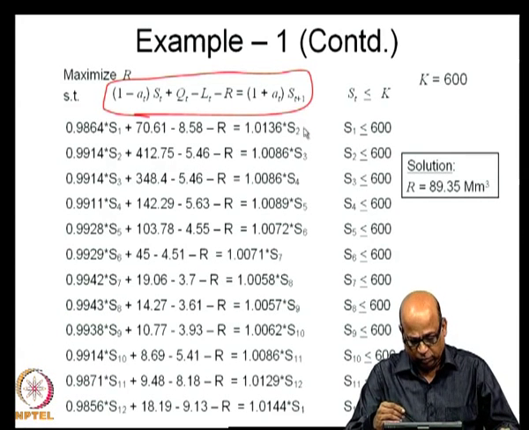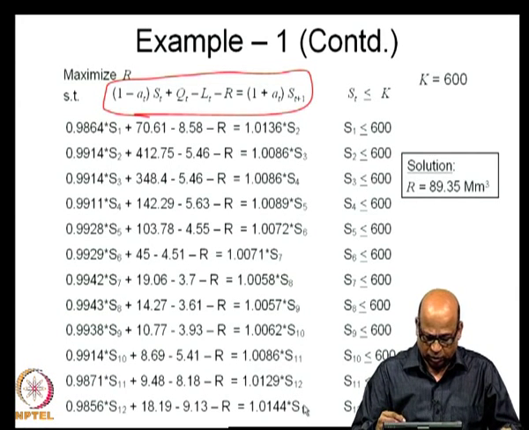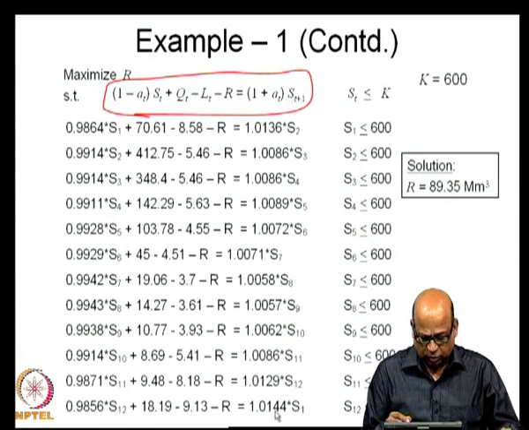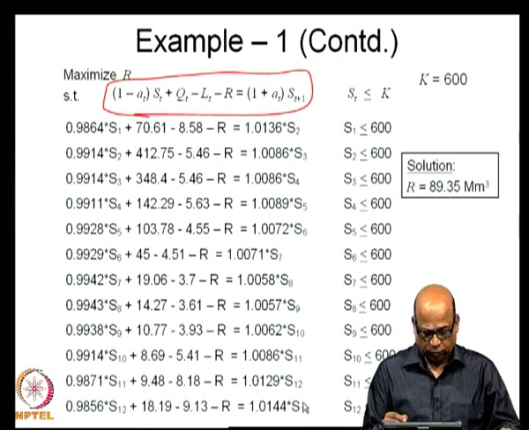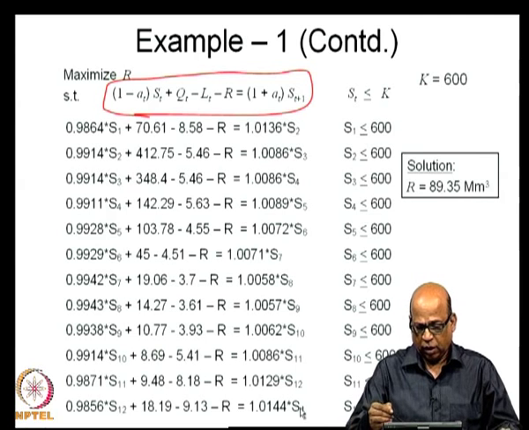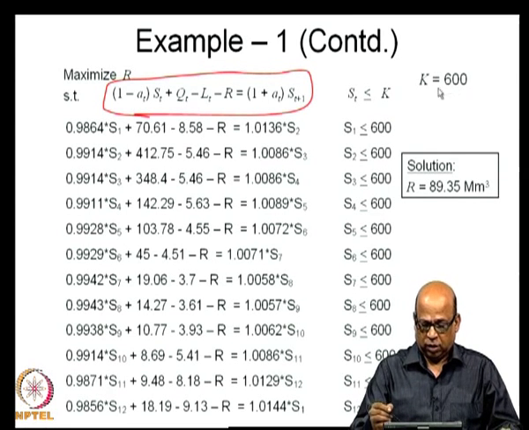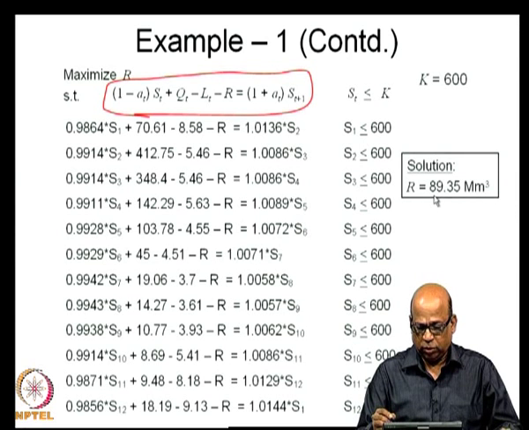So, these are 12 constraints. We have put S 13 is equal to S 1, therefore the 12th constraint will be in terms of S 1 on the right hand side, and K we are starting with 600, and for this we obtain the solution as R is equal to 89.35 million cubic meters.